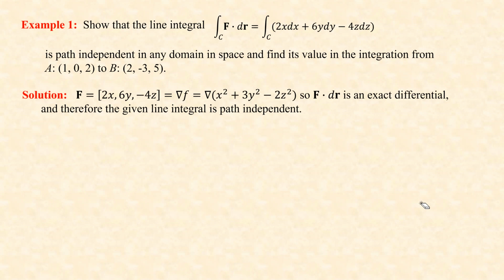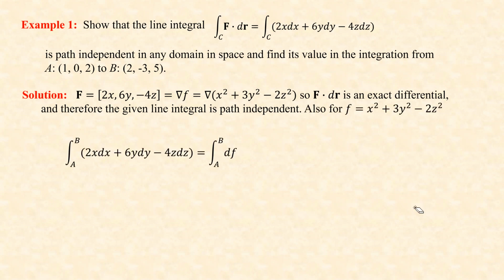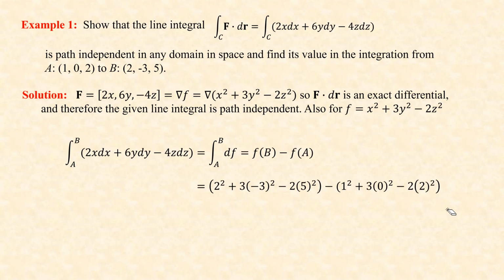So F dot dr is an exact differential, and therefore the given line integral is path independent. The integral becomes the integral of df, f of B minus f of A, which by just plugging in gives negative 12.